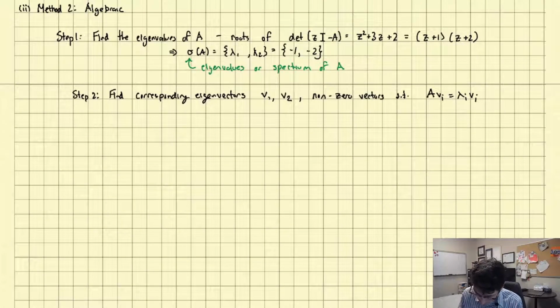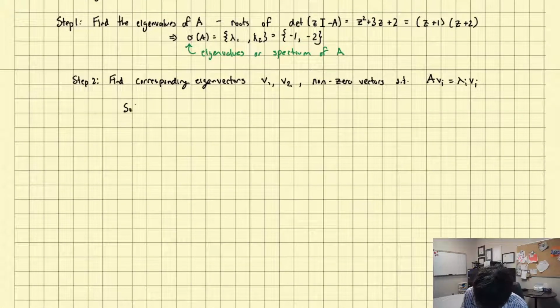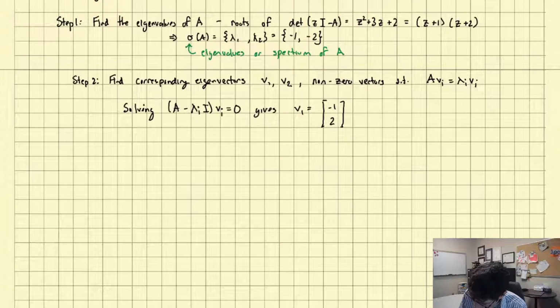Okay, and so in this case, solving A minus lambda I Vi equals 0 gives V1 equal to negative 1, 2, V2 equal to negative 1, 1.